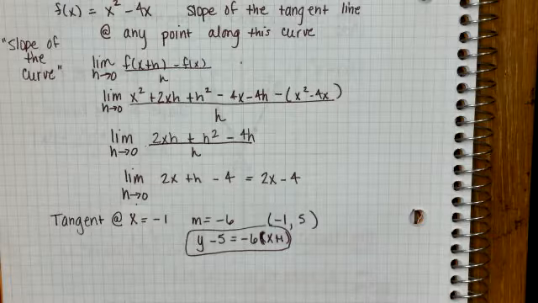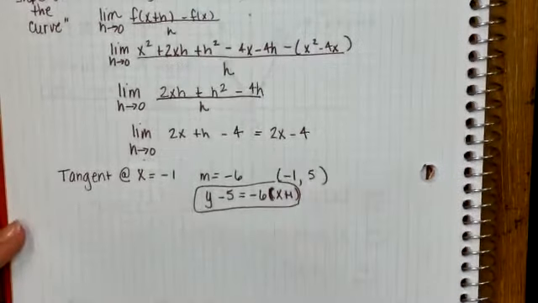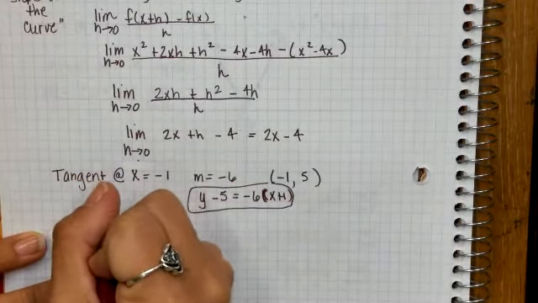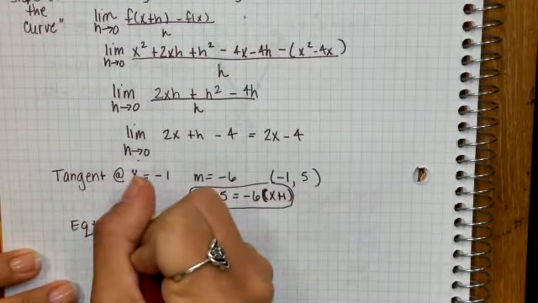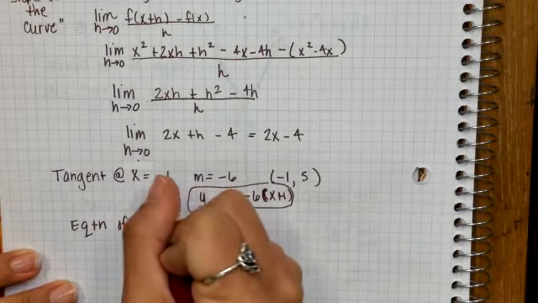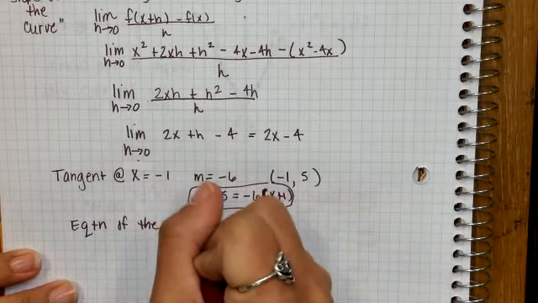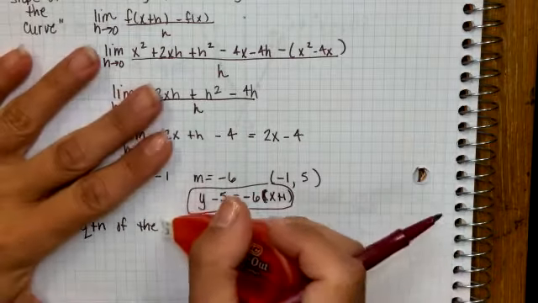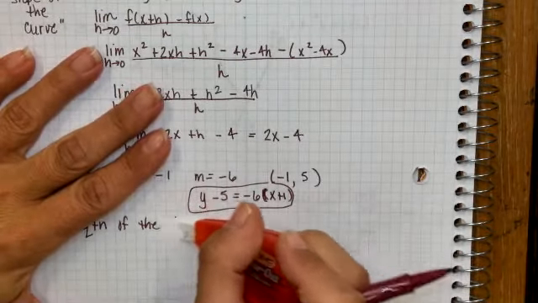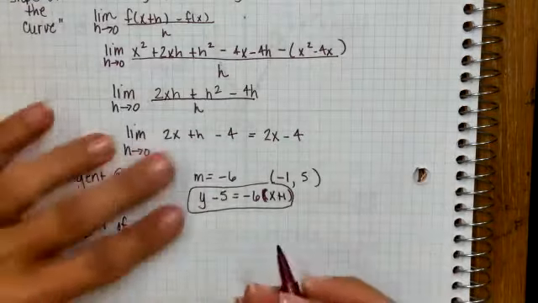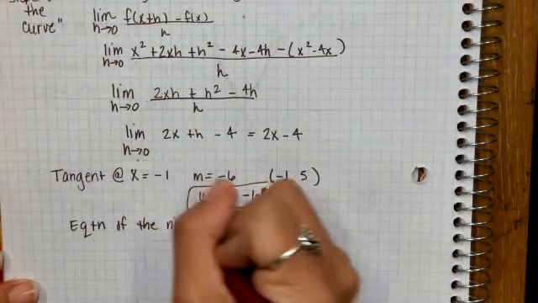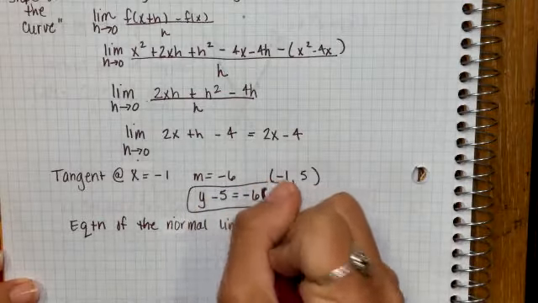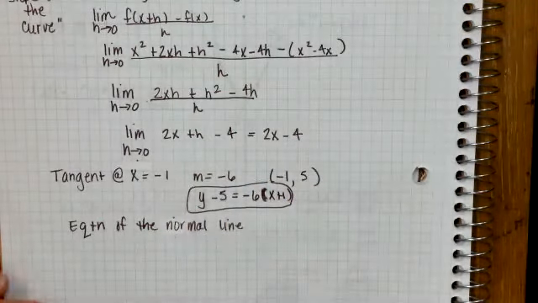And the equation of the line that is normal, actually they call it the normal line. They don't call it the line that is normal. Equation of the normal line.